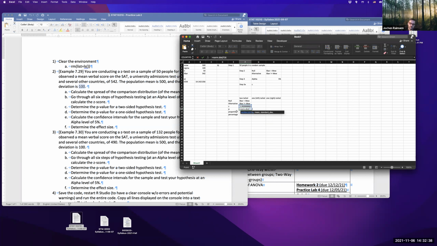You give it a mean, which is here our X bar. You give it a standard deviation, which is now here our standard error of the mean. And you say it's a cumulative distribution function.